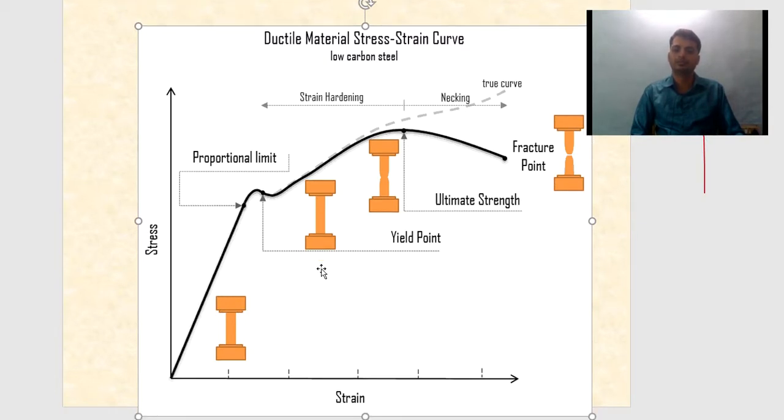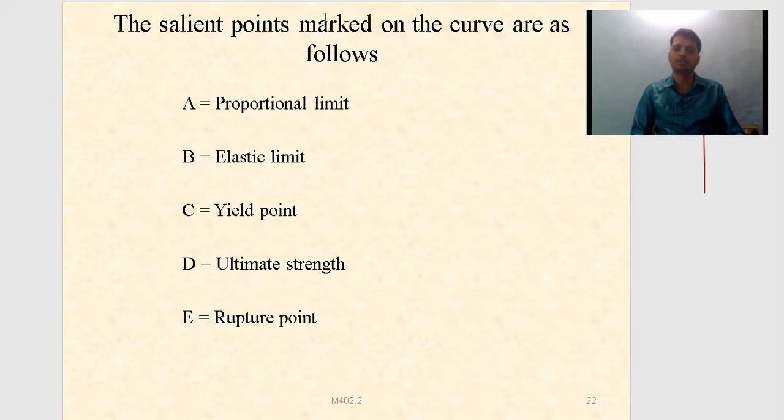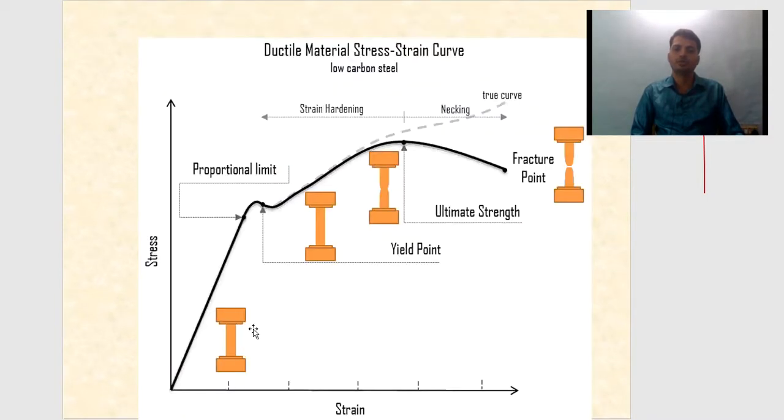We apply some load, initially something like 50 or 60. Slowly, if I keep on increasing, the material property changes, and we get the fracture after a huge amount of load. That is called the tensile test.